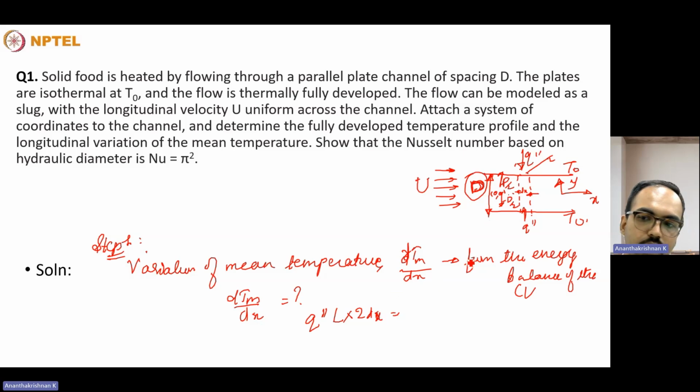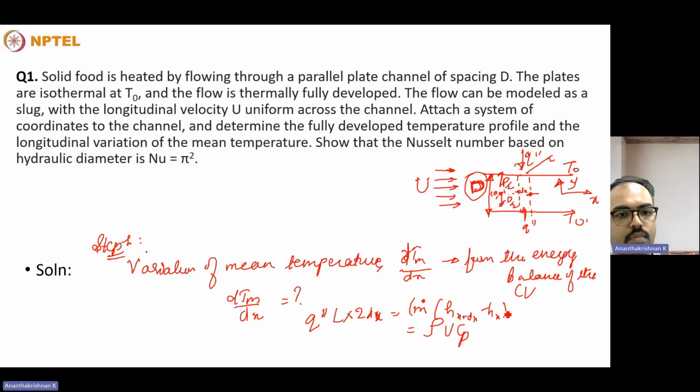So that will be equal to the enthalpy change of the fluid that flows through, that is h at x plus dx minus h at x. We assume this to be an incompressible fluid, so the enthalpy change could be written in terms of the temperature change, and pressure doesn't come into the picture here.